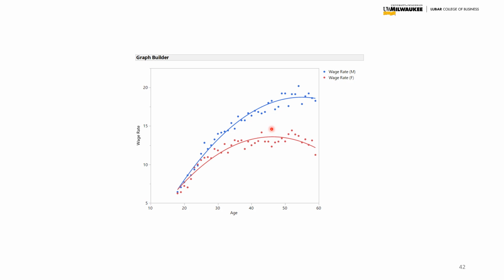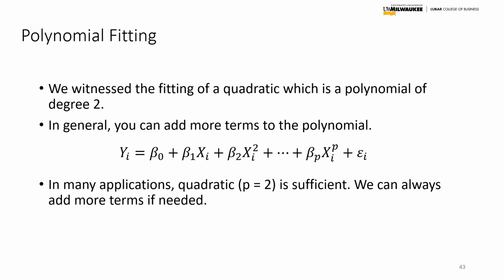Second, we notice that the female wage rate tops out at an earlier age than the male wage rate. Now, I'll have you sort of pontificate on why that may be the case. But in the end, this is a great example to show you how to fit quadratic models.